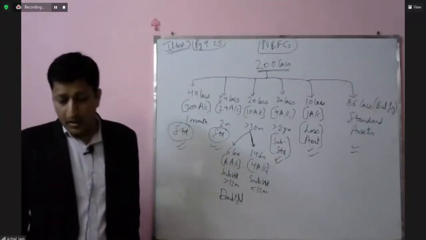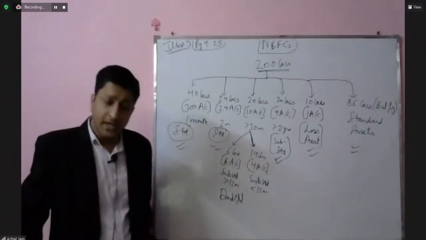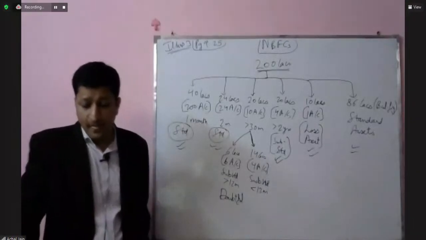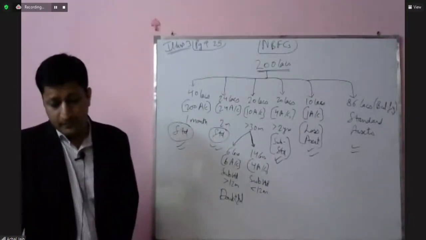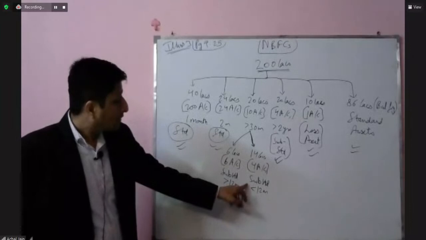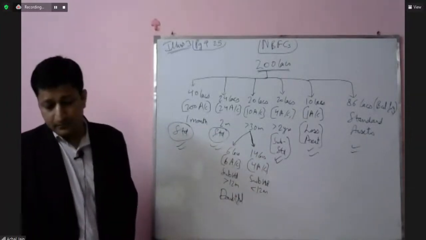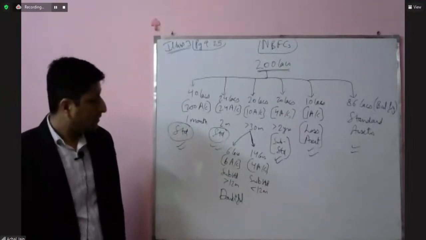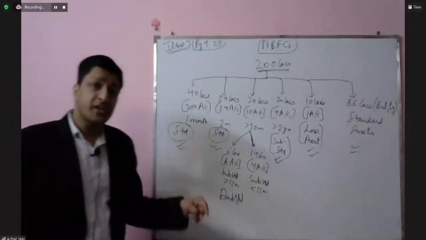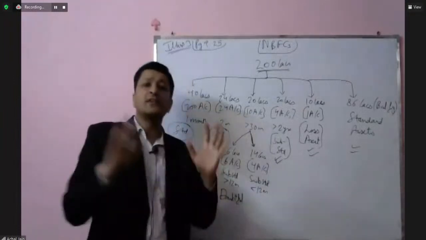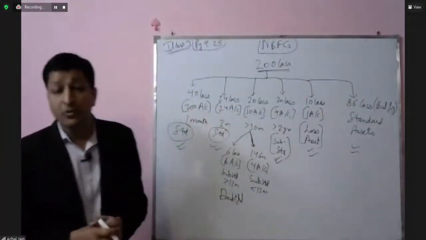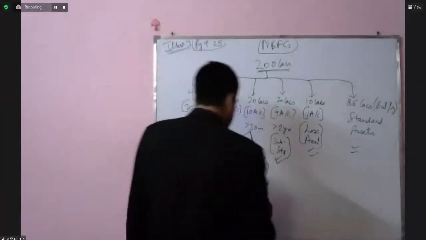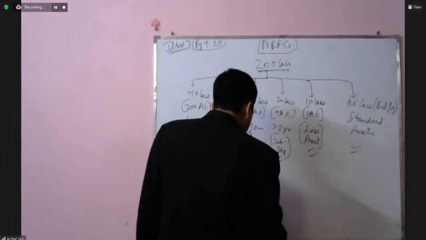Next, 14 lakhs. 4 accounts which remain substandard for less than 12 months. What would they become? Substandard. So they will not become doubtful. They will become substandard.